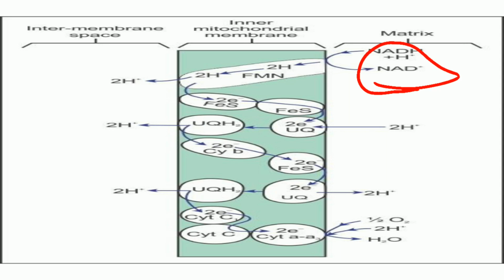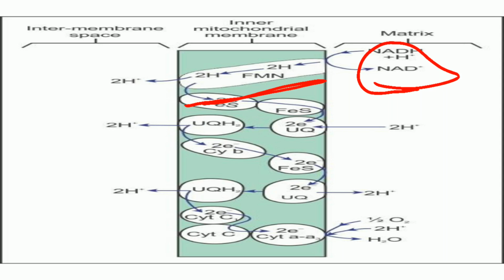The electrons from NADH produced in the mitochondrial matrix during the Krebs cycle, which we also call the citric acid cycle, are oxidized by NADH dehydrogenase. That is what I told you, complex 1, and the electrons are transferred to ubiquinone located in the inner membrane, that is here.